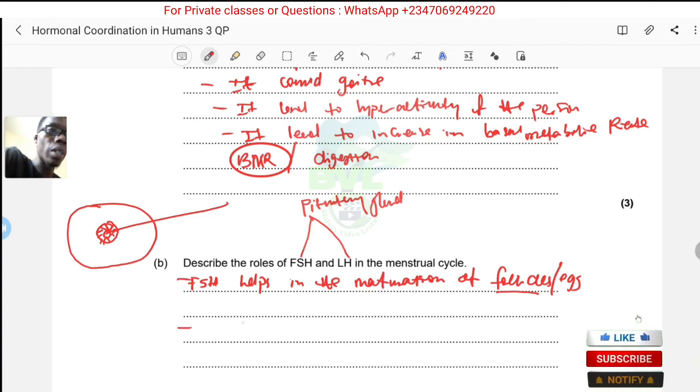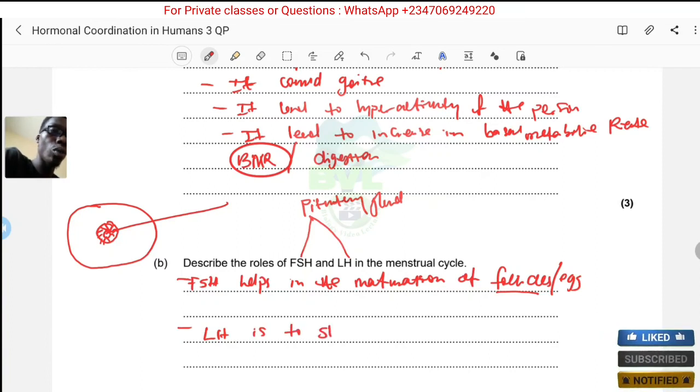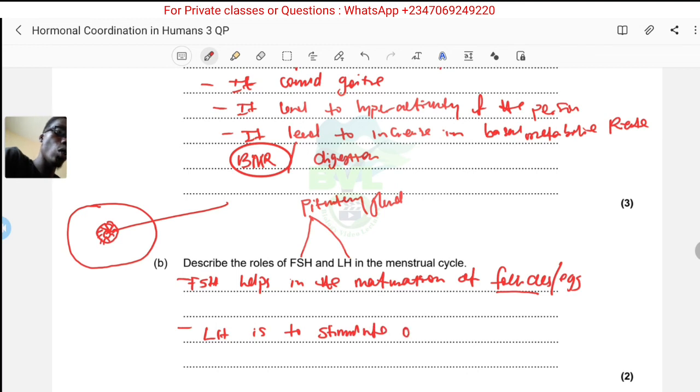Then the function of LH is to stimulate ovulation, or say release of egg.